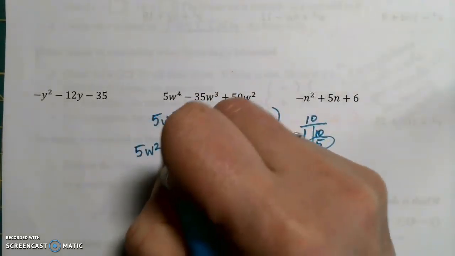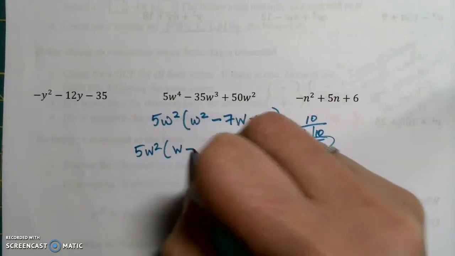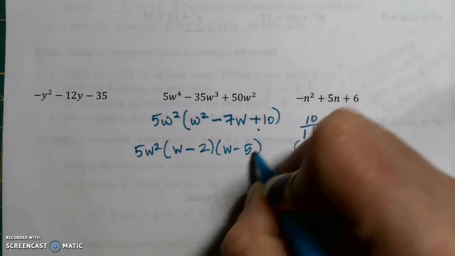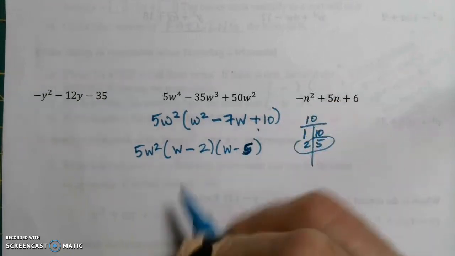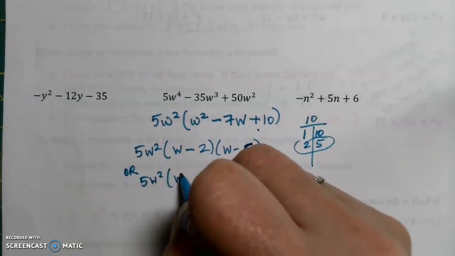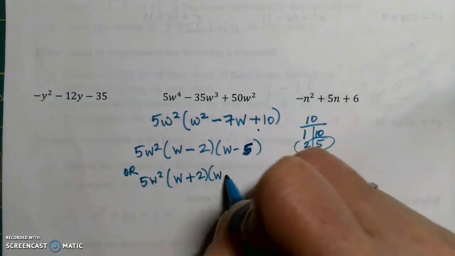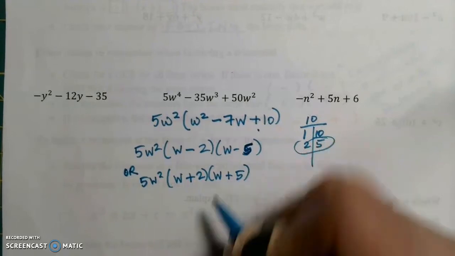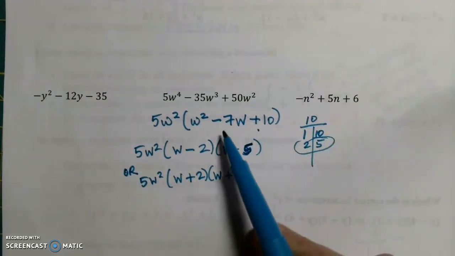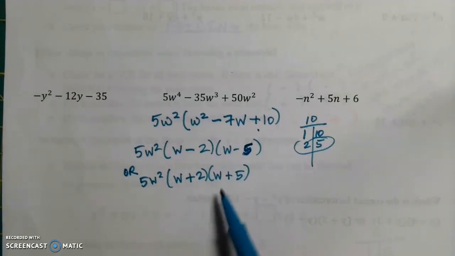So, if you're not seeing that just yet, I will write down the two possibilities that we have. So it's either this or 5w squared, w plus 2, w plus 5. But you can see that this one will not give us a negative middle term because it's a bunch of positive things multiplied together.